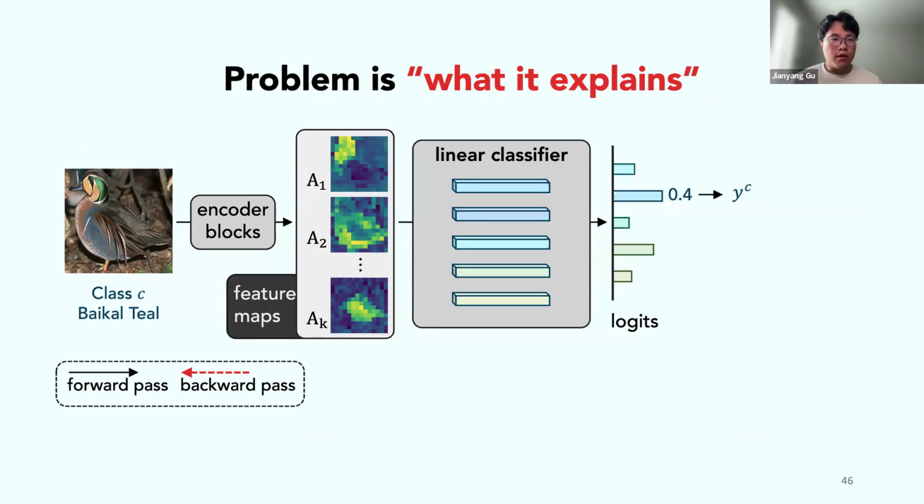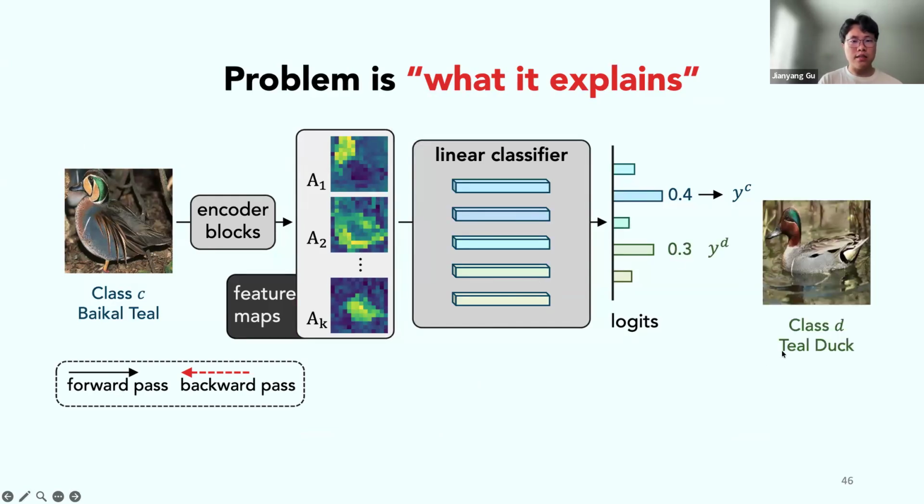Here with the linear classifier, we can think that these classifiers are actually classification weights. Suppose we have a similar class, class D, which is teal duck. It will also have a similarly high probability because these two species are inherently very similar. What does it mean by they are similar? That means their linear classifier weights are also similar.